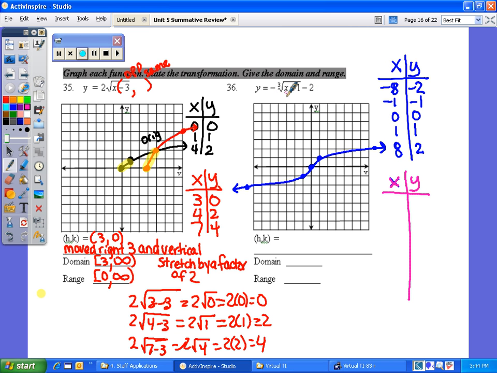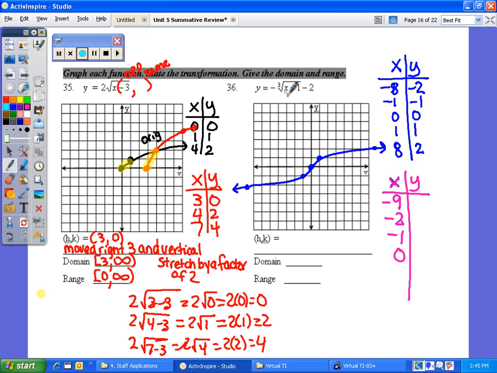So, alright, what number do I need to plug in here to get -8? That would be -9. What number do I need to plug in here to get -1? That would be -2. What number do I plug in here? So basically, I'm like subtracting 1 from most of these numbers. Okay, what number do I need to plug in here to get 1? That would be 0.